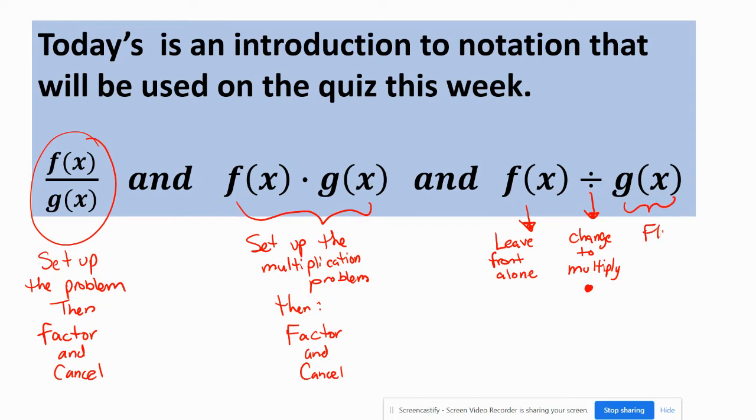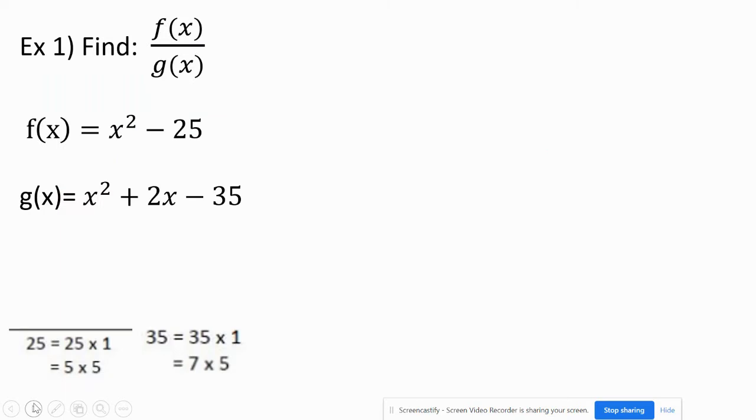And then remember to flip the back fraction. And then guess what? Yep, you factor and cancel. Okay, so let's give this a try. If you need a minute to write this down, just hit pause on the video. I'd like you to write this down.